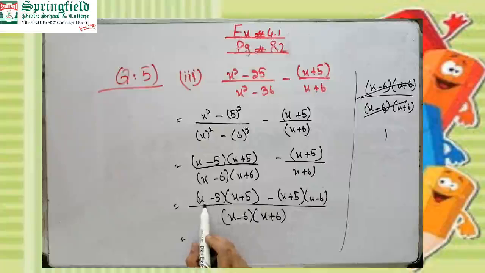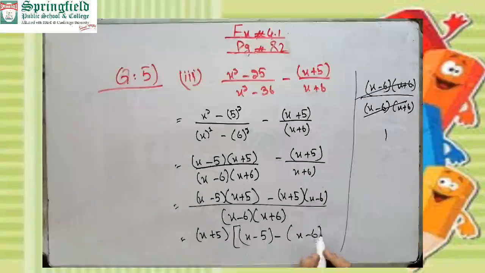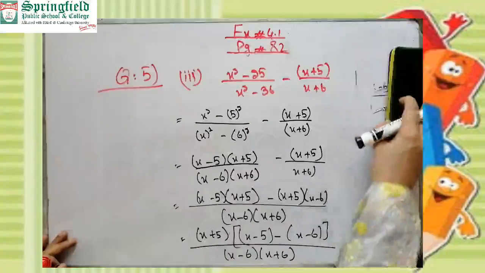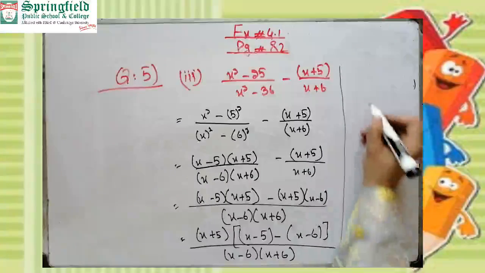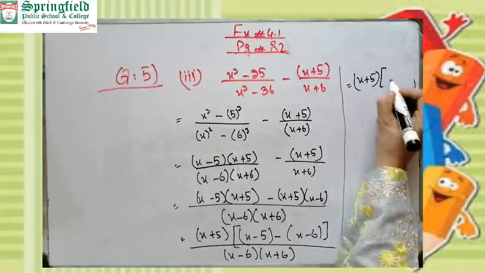So can we take x plus 5 common from these two expressions? Yes. So there is x minus 5 left, and then minus the second, x minus 6 is left inside the bracket. X minus 6, x plus 6. And then x plus 5. Now open the bracket.